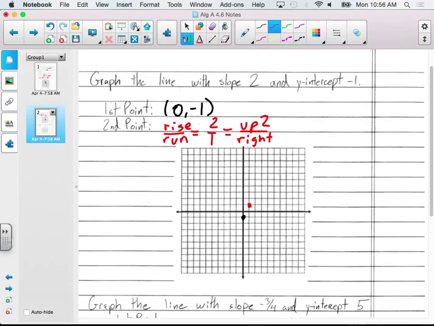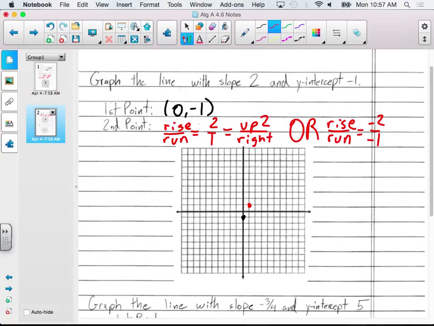Is that the only way that we could get positive 2? No. What's another way we could get a positive 2? -2 over -1. Does that check out? -2 divided by -1 is 2, yes.